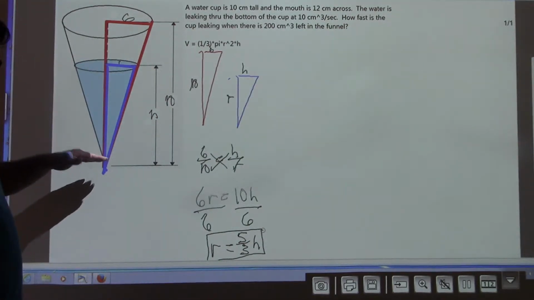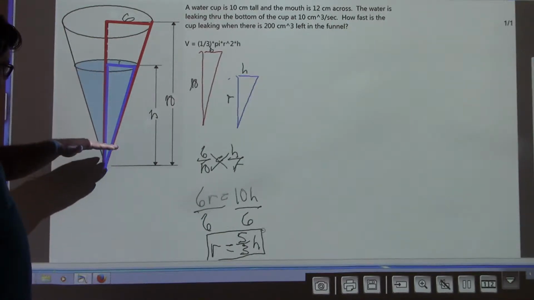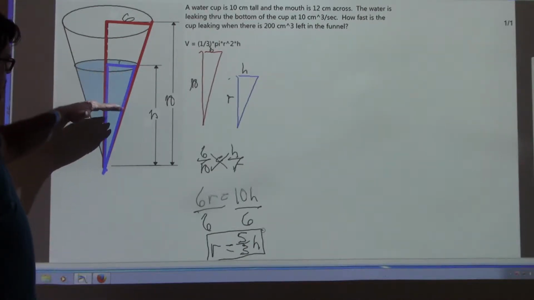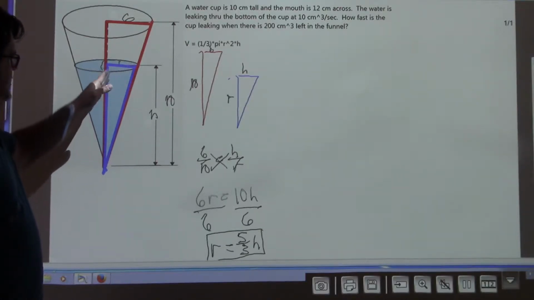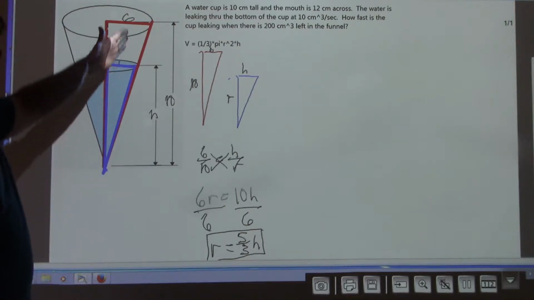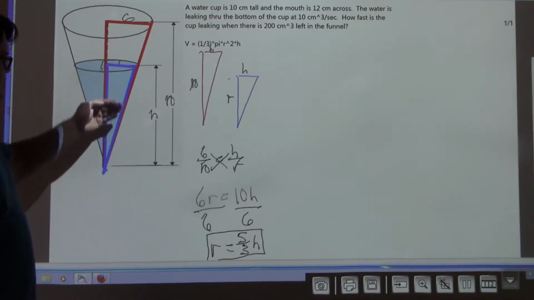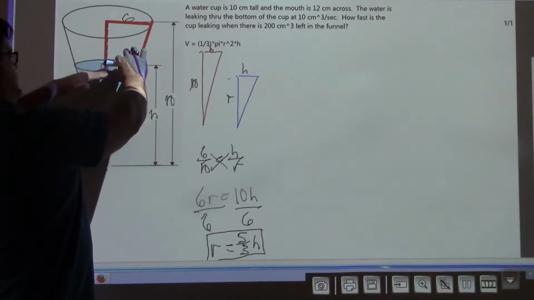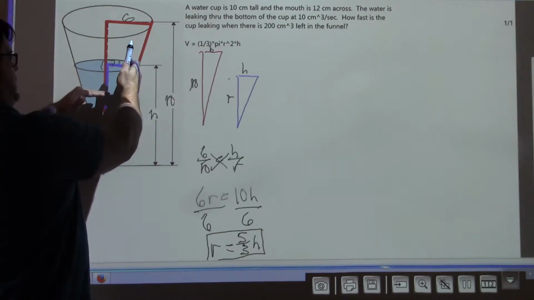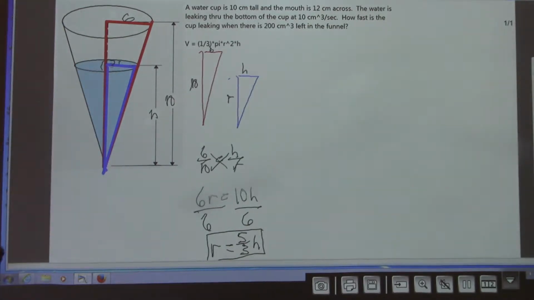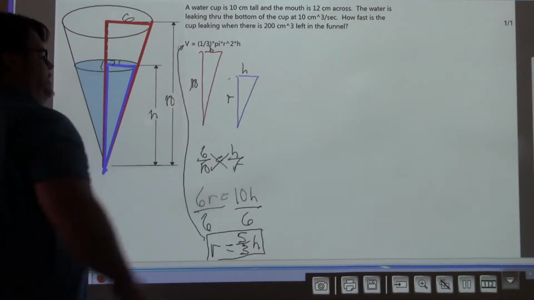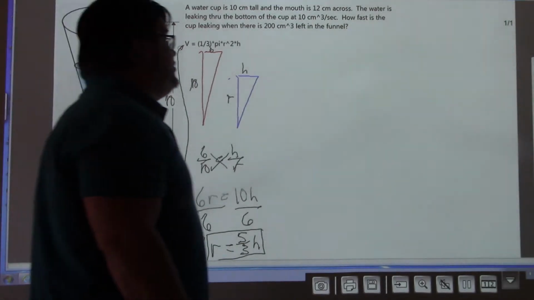While H is decreasing, what is R doing? As H is decreasing, as your volume goes down, as the water goes down, the radius here is decreasing, because the cone is shaped so that the radius decreases as it goes down. So this rate is related to this rate. But we've got to take this and plug it into our formula so we can find H and find the derivative.